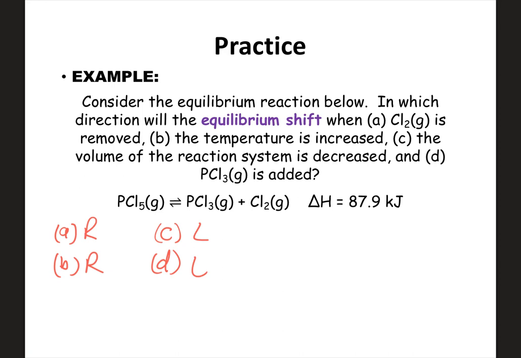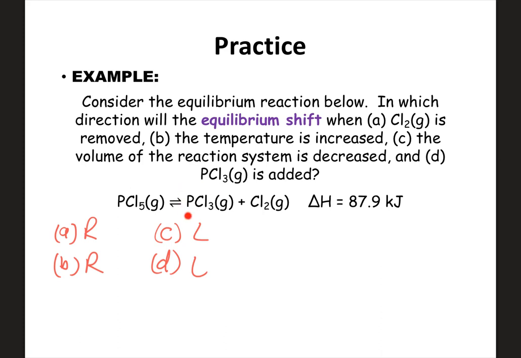For C, the volume of the reaction system is decreased. When you decrease the volume, you increase the pressure, so we need to shift to the side with fewer molecules of gas to decrease the pressure. We have one molecule of gas on the left, two molecules of gas on the right. So we're going to shift to the left, the side with fewer molecules of gas. And for D, we're adding PCl3 gas.